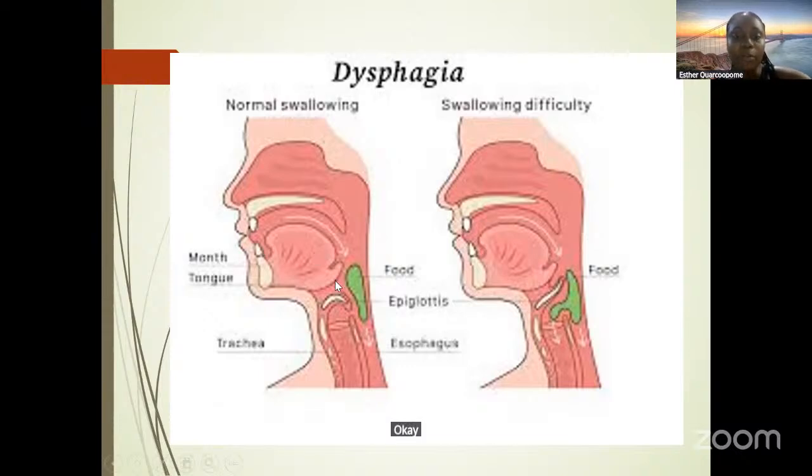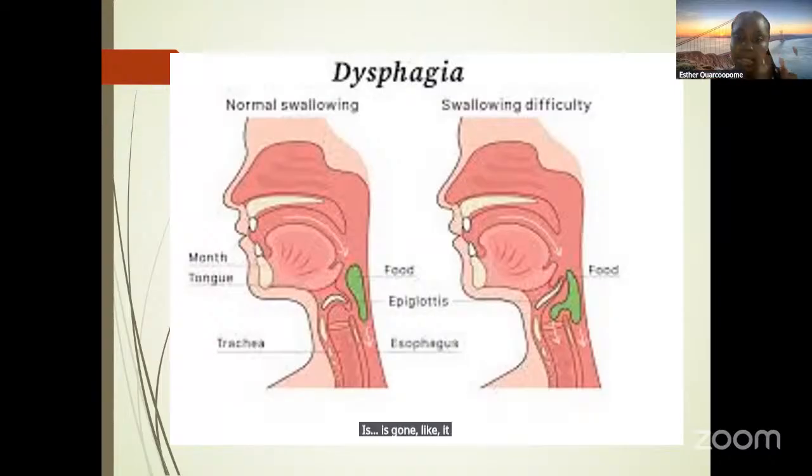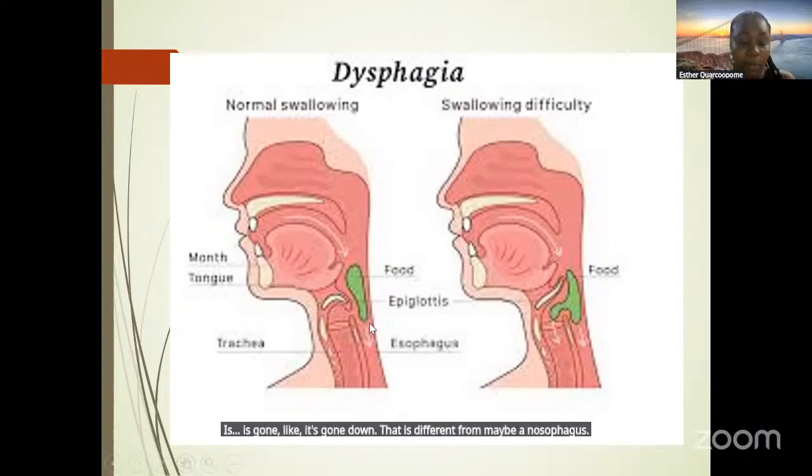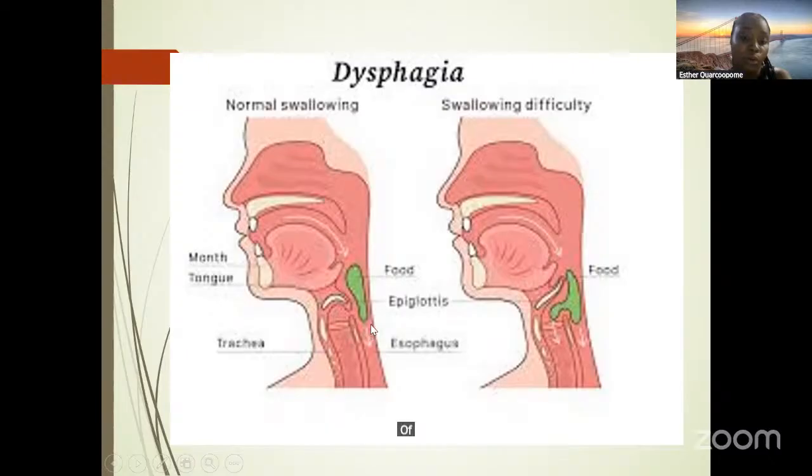If pieces of food are collected, we realize that the person is swallowing multiple times to make sure the food has gone down. That is different from an esophagus being narrow and food not going down. If food is not going down, maybe there will be surgery to dilate this side of your throat to make food go down easily.